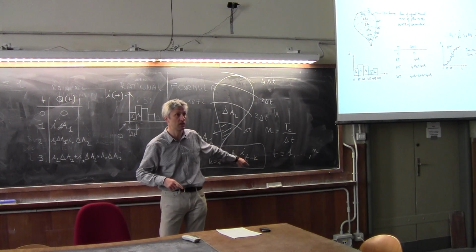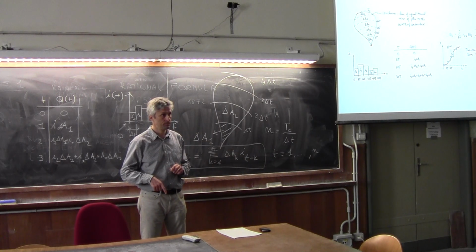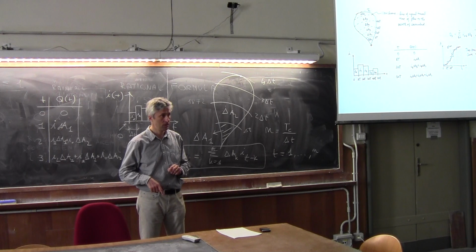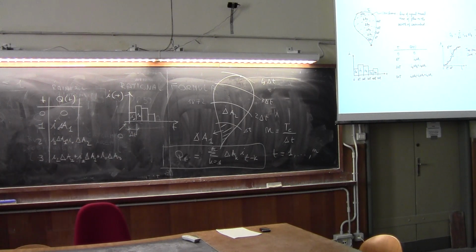I forgot to change here. So make the correction, please. Did you correct it? So this is how I can write the summation to write Q5.